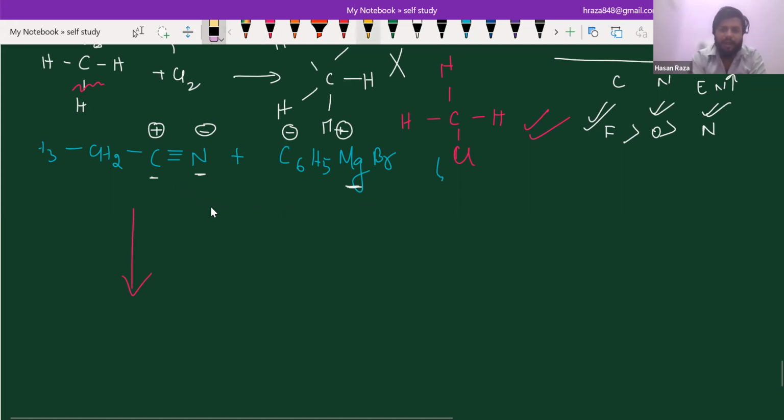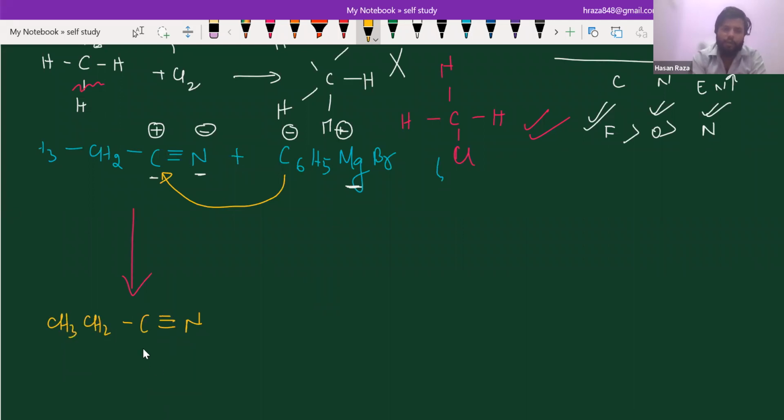As you can see, this negative will come to this positive. So if you write triple bond N and then CH2 and then CH3, and then add this C6H5, it will be wrong because carbon is now making 5 bonds. So what we need to do is very simple. Just break one of the old bonds between carbon and nitrogen.